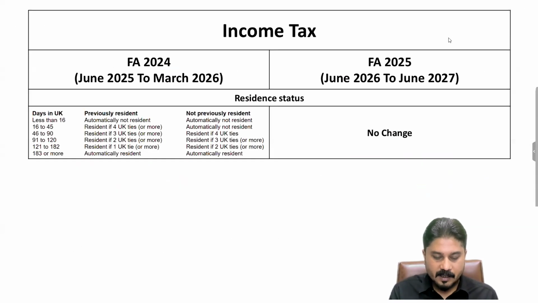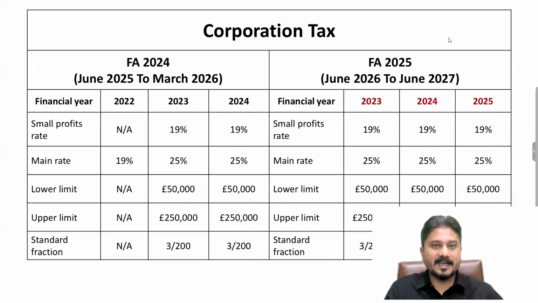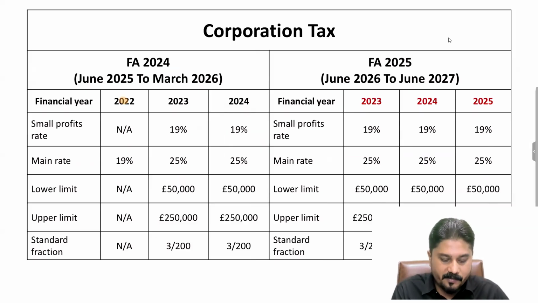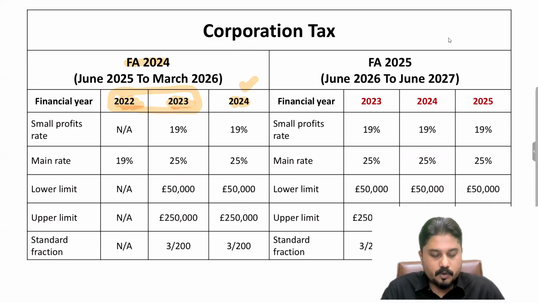And thereafter, now let's talk about the corporation tax. I can say that for corporation tax purposes, normally we are given the previous 3 years information. When we were talking about the Finance Act 24, then including Finance Act 24, previous 2 years were 22 and 2023.